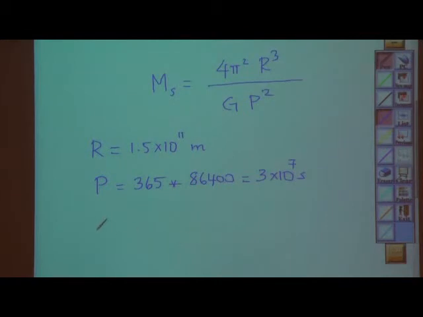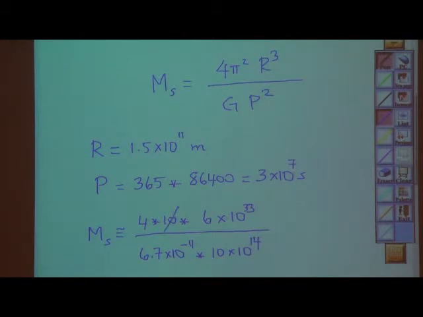So we can plug these in to determine roughly the mass of the Sun. 4 times pi squared is about 40, times r cubed, which is 6 times 10 to the 33, divided by G, which is 6.7 times 10 to the minus 11, times P squared, which is, let's say 10, why not, times 10 to the 14.